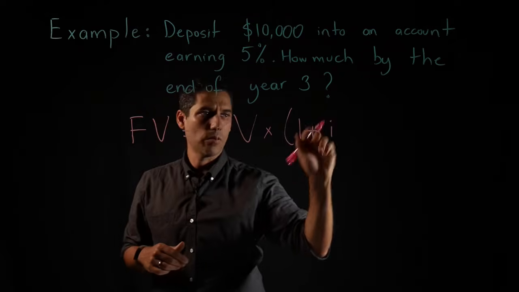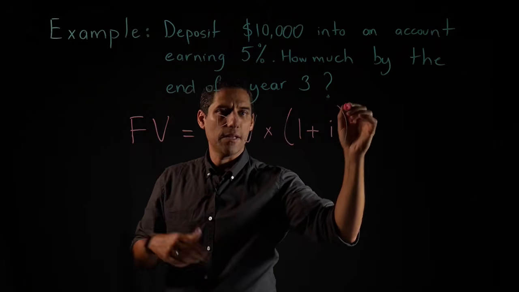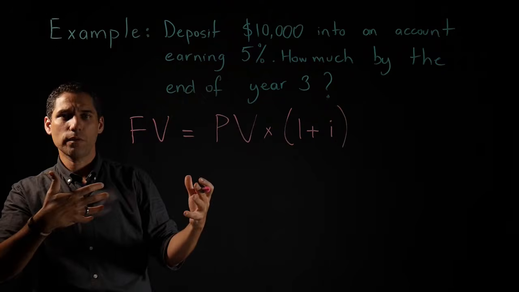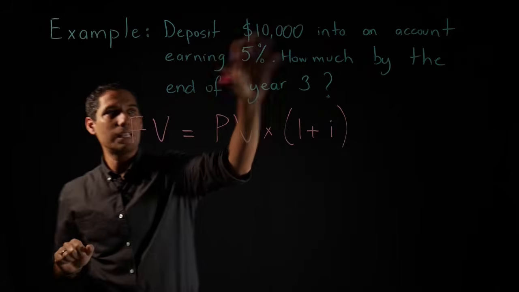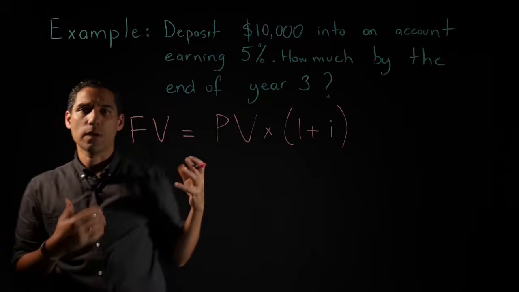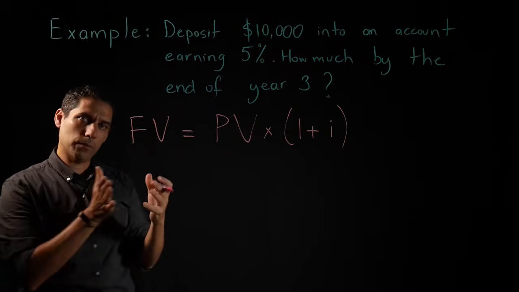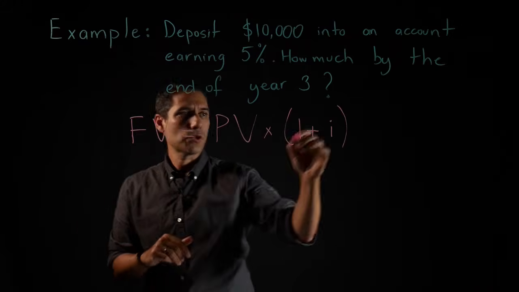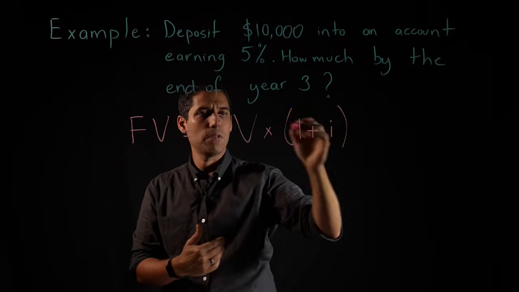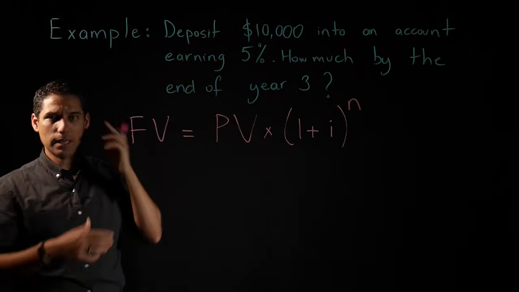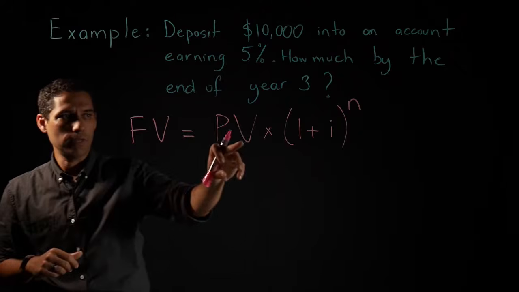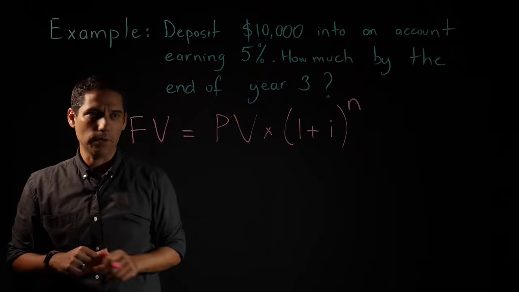So that's going to go into that I, 1 plus I. Since this is a compounded growth, where we have this amount that's growing, we are not taking money out, right? We are keeping whatever is earning interest in the account. So we have compounded growth happening. So we are going to have this exponential term, PV times (1 plus I) raised to n, n being how many years the PV is earning that interest rate, right?